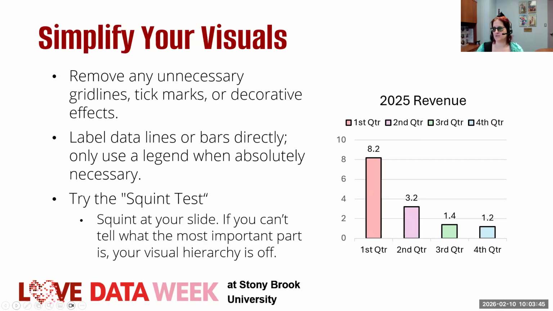We have data indicators so that you're not just having to guesstimate where the top of the bar is lying when it's in between the grid lines. All of my data is clearly labeled to indicate what the quantity is or the percentage of the scores throughout the quarters that are being displayed in my revenue chart. So we want to keep it simple, but we do want to keep it informative.